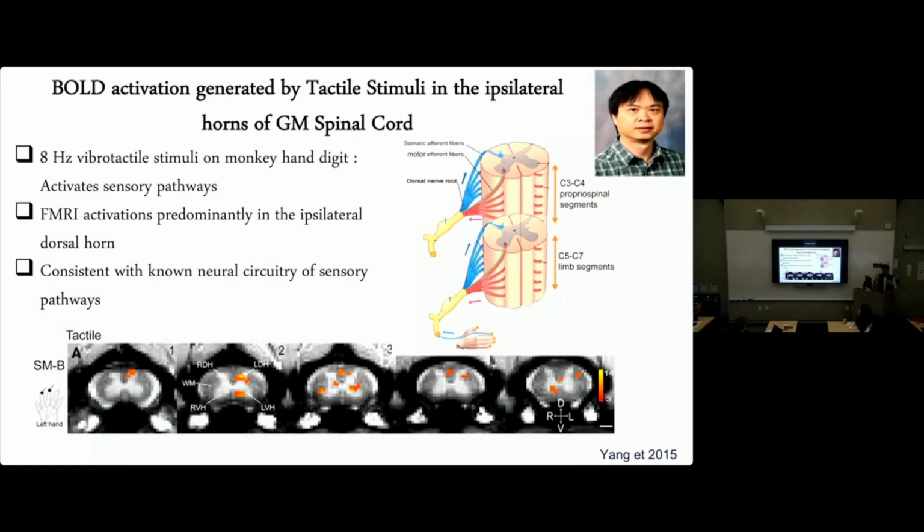So we had already shown before that using tactile stimulation, we could activate the ipsilateral dorsal horns in the spinal cord gray matter. And this was consistent with the known neural circuitry of sensory pathways.